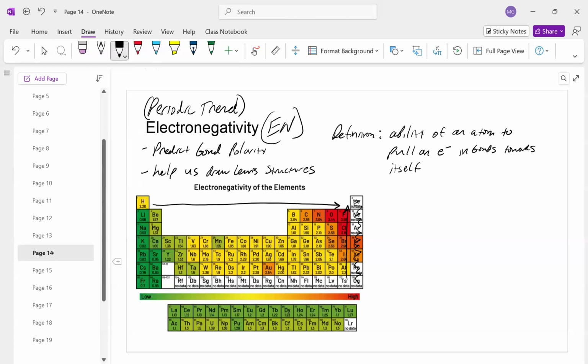The noble gases don't bond very often. We're going to see it maybe pop up every now and then, but it's not a common occurrence. So the most electronegative atom on the periodic table is fluorine. Fluorine is the most electronegative atom.